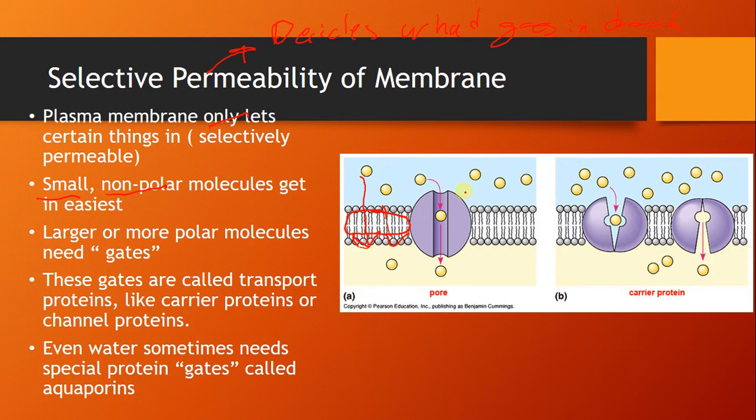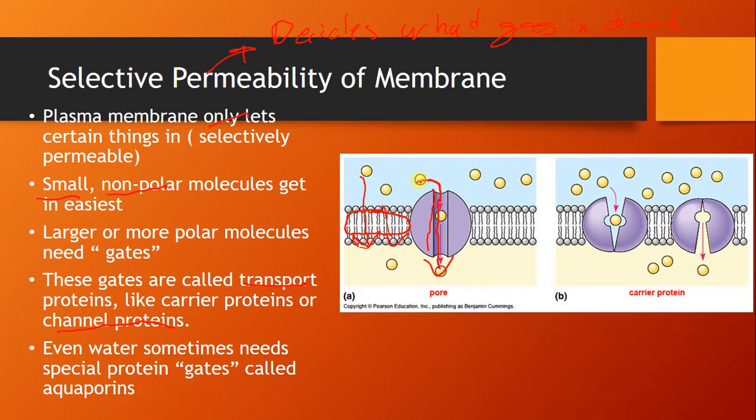Larger polar molecules have to go through special gates called transport proteins. Some transport proteins are just tunnels that certain molecules, if they fit, can go right through. Those are called channel proteins. They just don't move at all.